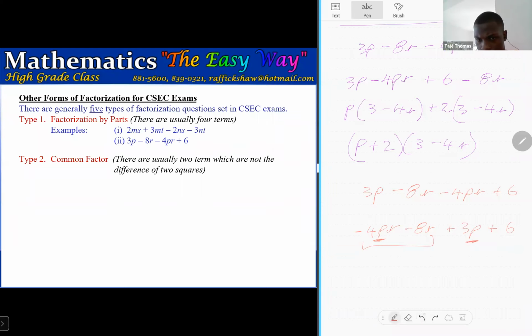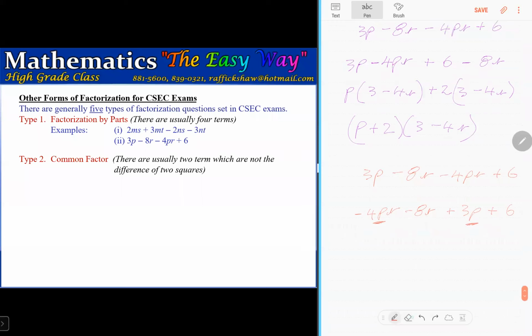And this can work as well, because then my highest common factor in these two terms would be negative 4r. If I factorize negative 4r, I will get p plus 2.